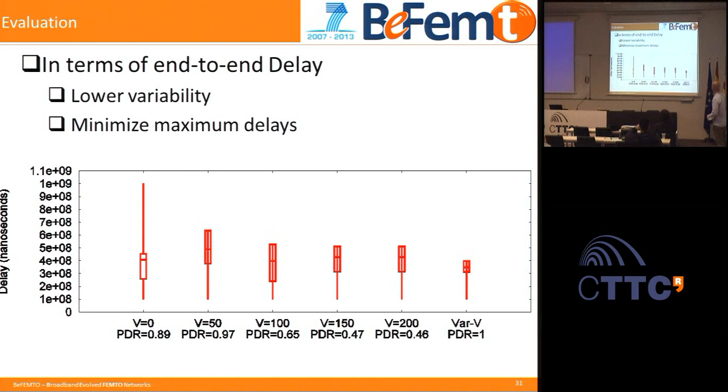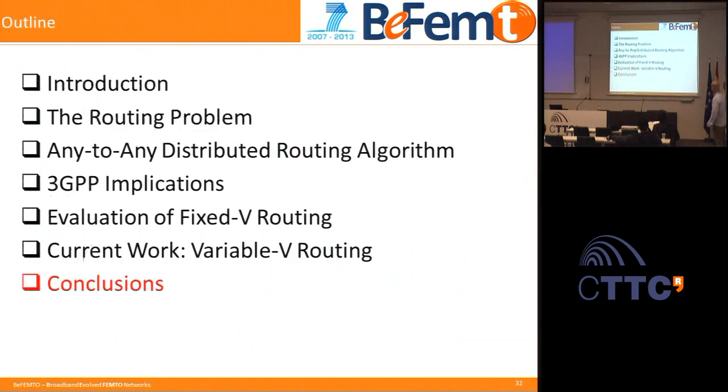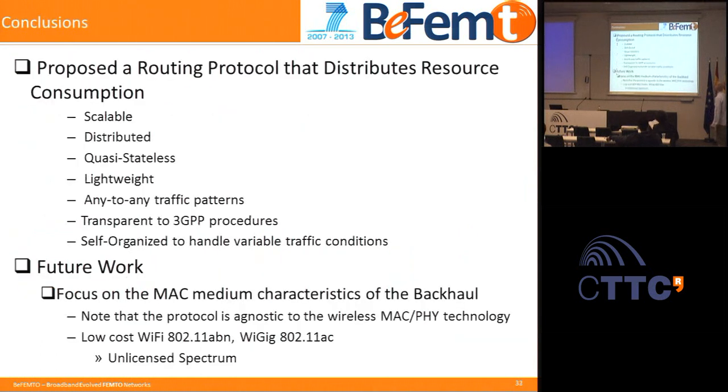But for the variable V algorithm, we experience lower variability and lower maximum delays, and we are also able to deliver all the packets. So as conclusions, we have seen current work on the distributed routing algorithm for the network of femtocells.